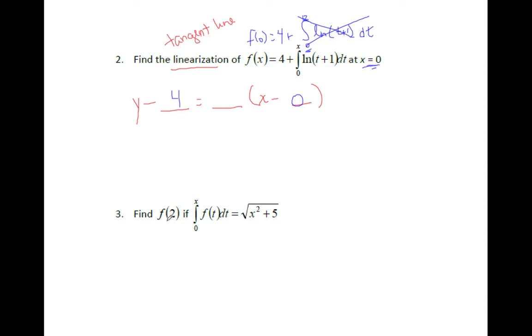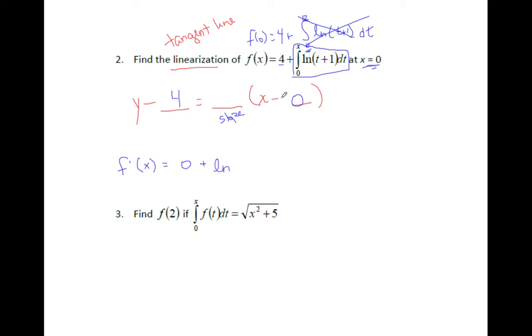4. Now, this is the slope. What's the d word for the slope? Derivative, right? So what is f prime of x? The derivative of a sum is the sum of the derivatives. What's the derivative of 4? What's the derivative of the antiderivative?